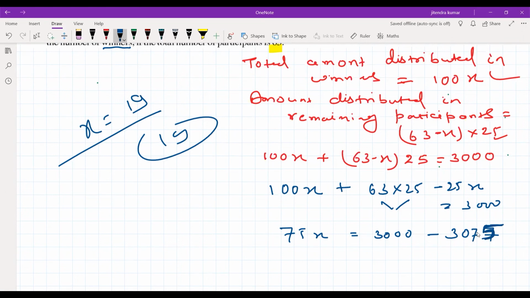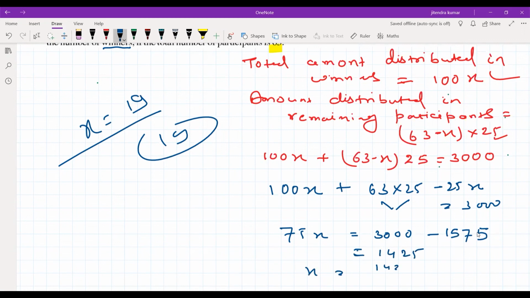Okay, sorry. So this will be equal to 3000 minus 1575, which gives 1425.